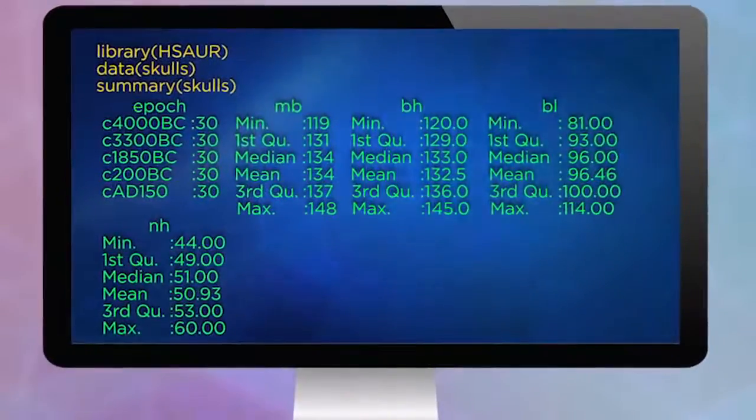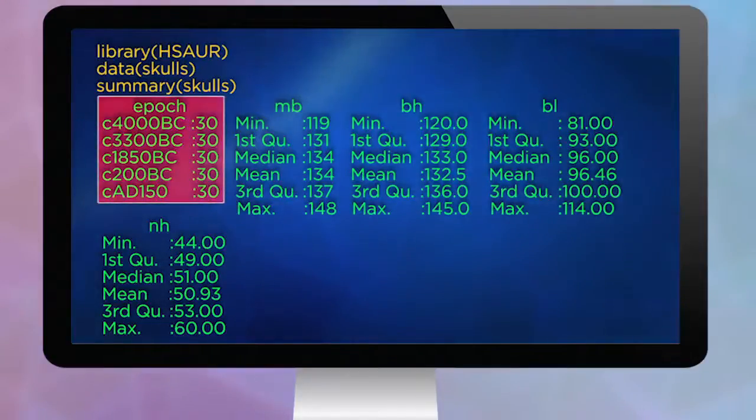Now in R, we first have to load the library HSAUR because this is where the skulls data set lives. So load that library and then call the skulls data set with data of skulls. And then let's look at a summary statistic. So summary of skulls. Notice that gives us our epochs.